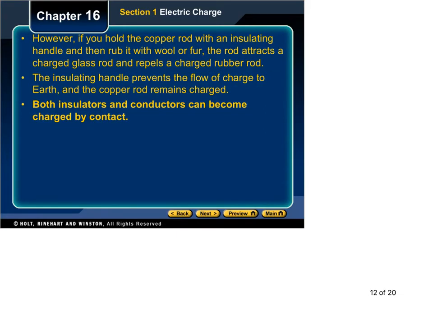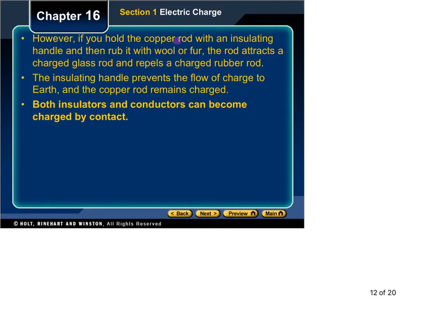But if we adjust it just a little bit, if we hold the copper rod with an insulating handle and then rub it with wool or fur, the rod attracts a charged glass rod and repels a charged rubber rod. The copper rod does become charged, but we have to insulate it from the earth.